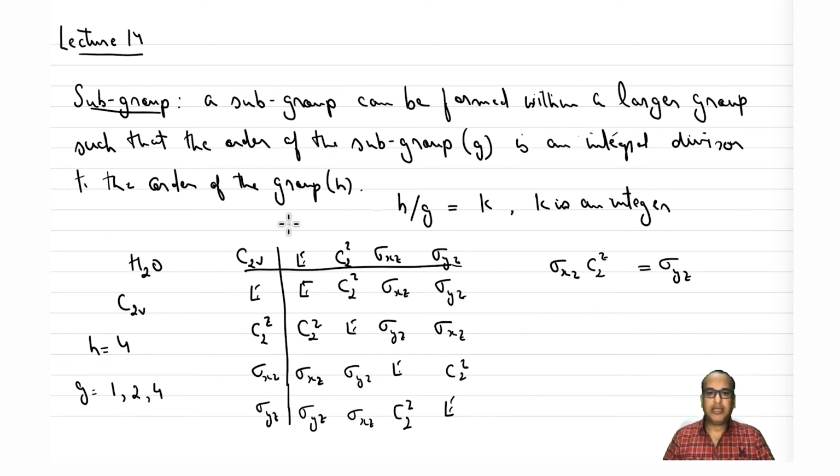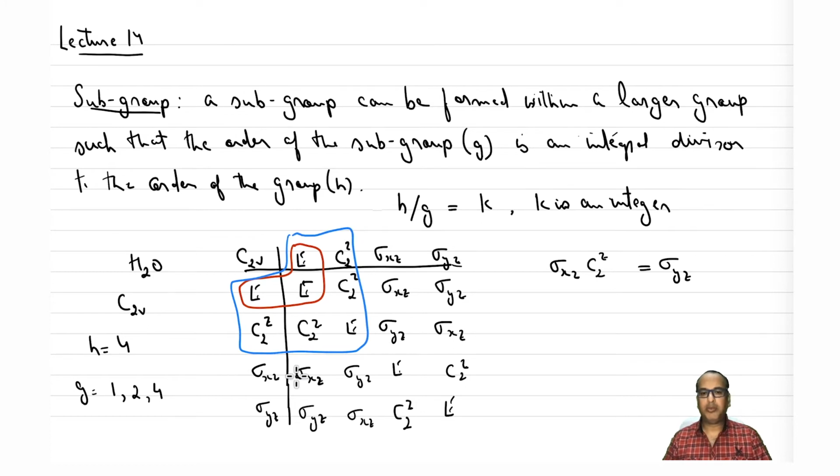So let's see. The first thing is the subgroup of order 1. E will always follow all the properties of a subgroup, right? So E will always be a subgroup. Let us now see, do we have any other subgroup of order 2? So E, C2z, C2z, E. If you notice, this will be another subgroup.